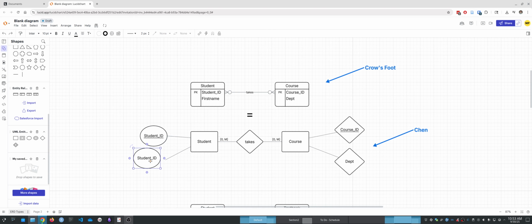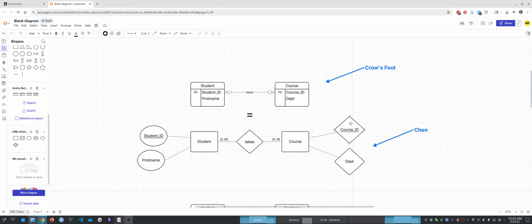So first name would be another column or another attribute of student. And both of these would get converted to columns in a table. So of course over here, there used to be a way that I could replace these.